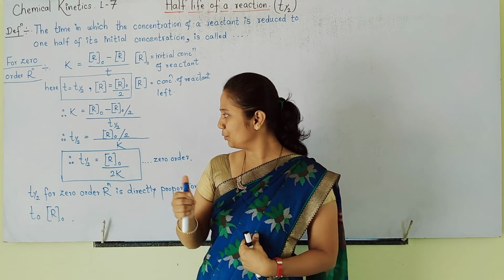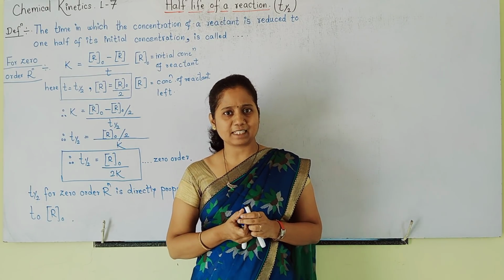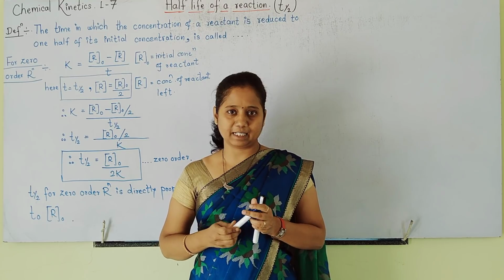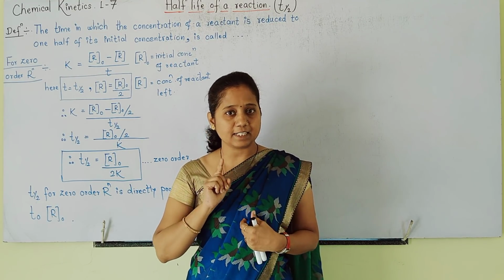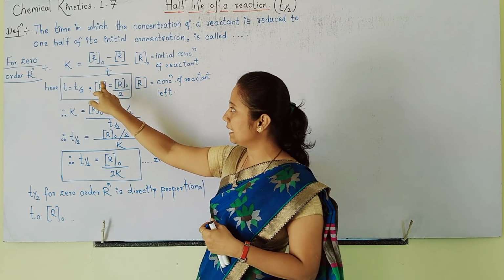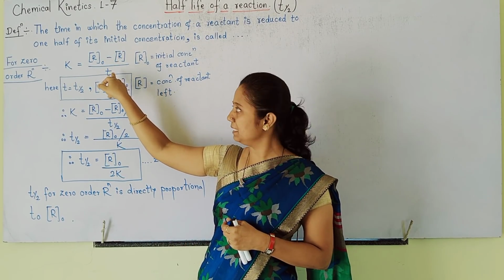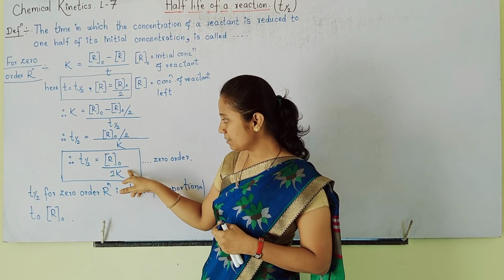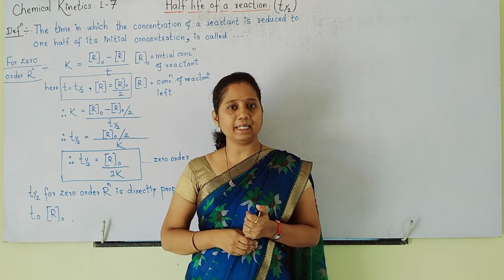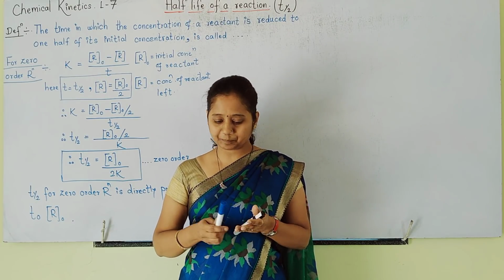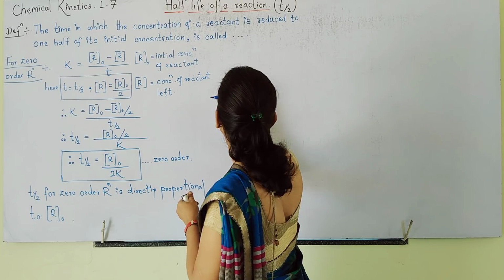I hope you understood. Very simple derivation is there and very important it is. So students, you must remember first yesterday's integrated rate equation for zero order, that is R naught minus R by T, and today's for zero order, half-life is equal to R naught by 2K.